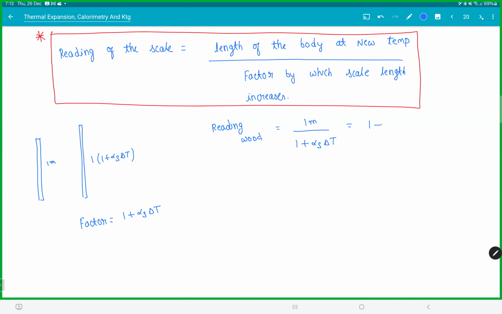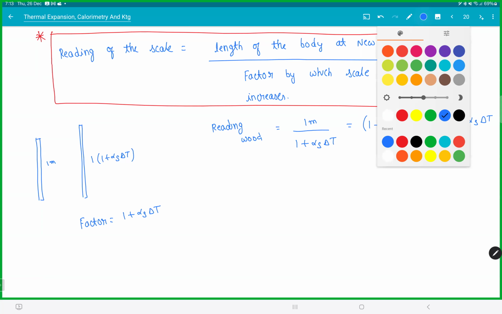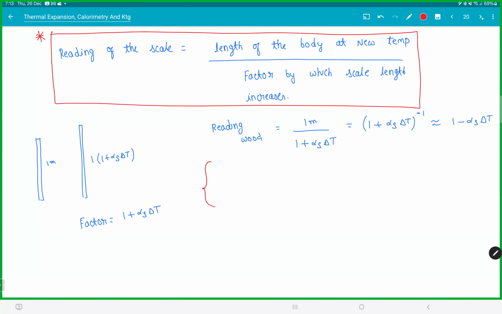So we can use binomial approximation here, 1 over 1 plus alpha delta T. This is approximately 1 minus alpha s delta T. In exam, options will be like this only, 1 minus alpha s delta T. In case you don't remember binomial approximation, I think I told you before, if you have 1 plus x whole power n, this can be approximately written as 1 plus nx if x is much less than 1.